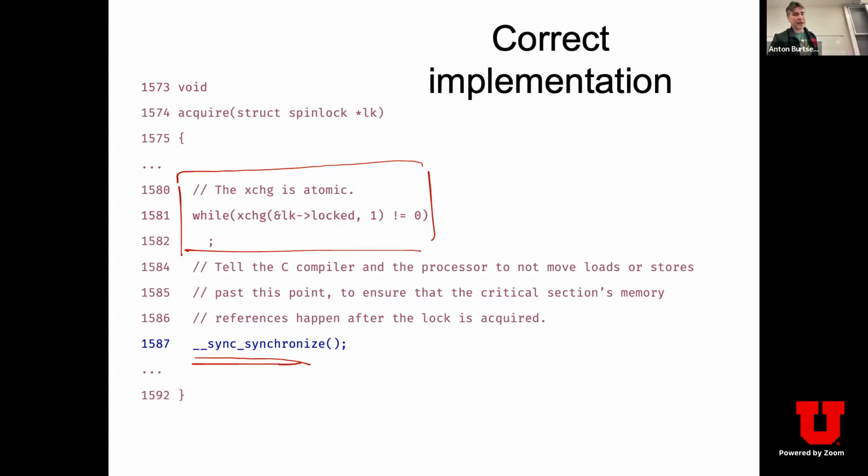I don't think I've seen much of this in practice because I think compilers are also smart enough to not reorder around a lock, but I don't know the answer for sure. So go into the compiler class and maybe ask this question, why does it work? And for other instructions, because acquire can be inlined and stuff like that.